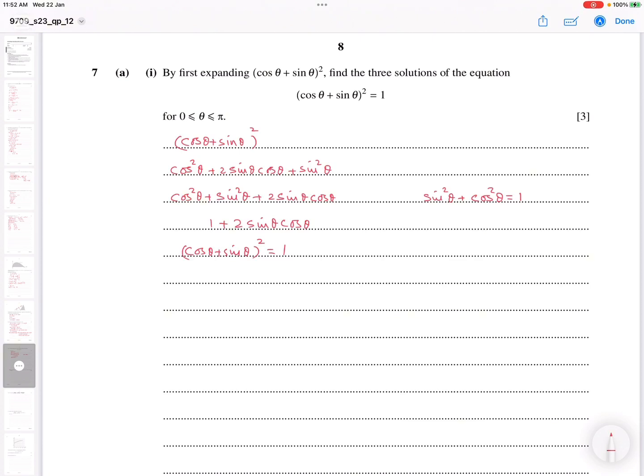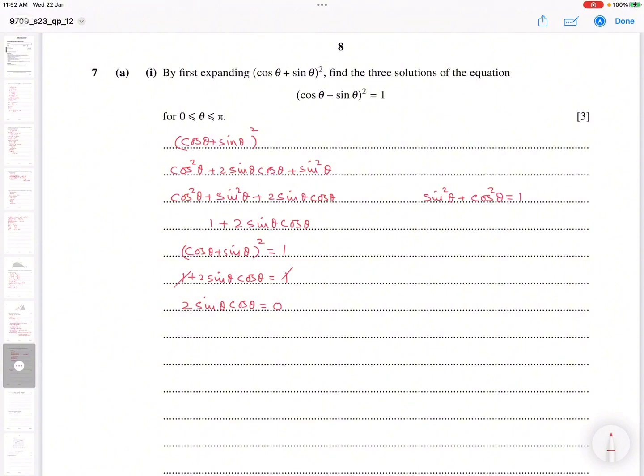So this left side we have already worked with, and we found the solution 1 plus 2 sine theta cos theta is equal to 1. So these two ones are gone. You are left with 2 sine theta cos theta equals 0.